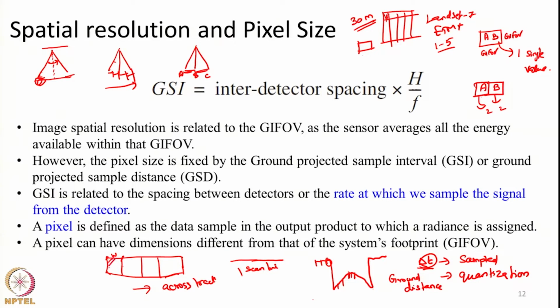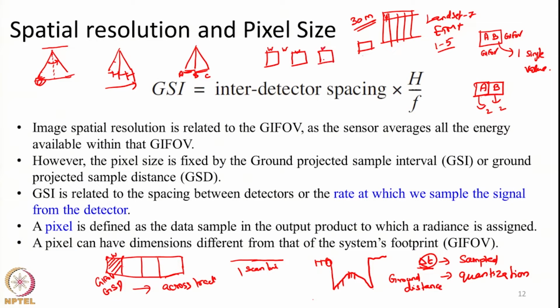Essentially this will be the GIFOV for that particular pixel, and that will also determine the GSD. Let us say one hypothetical example where one detector element is here, with a width of W, then there is a gap W without any detectors. Then there is another detector of size W, then a gap, then a third detector, and so on.